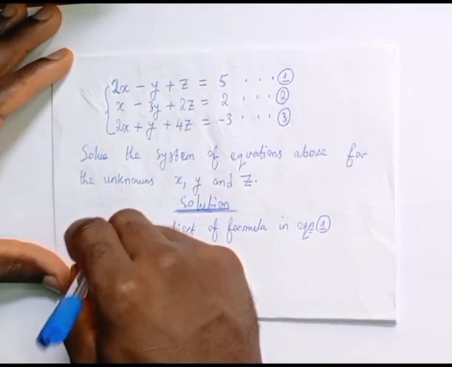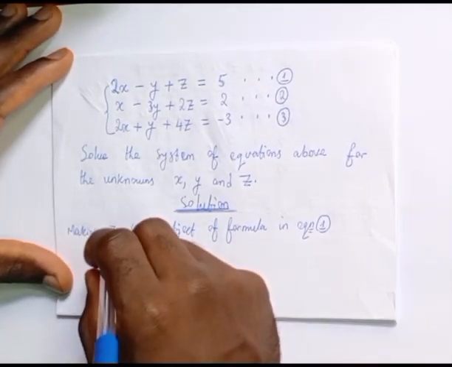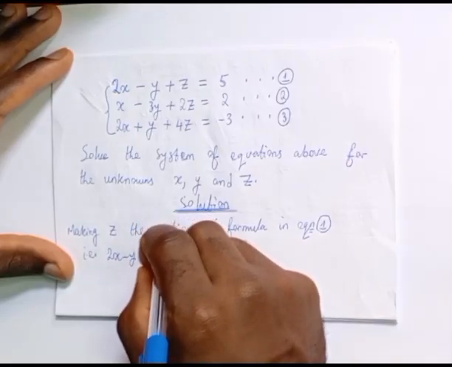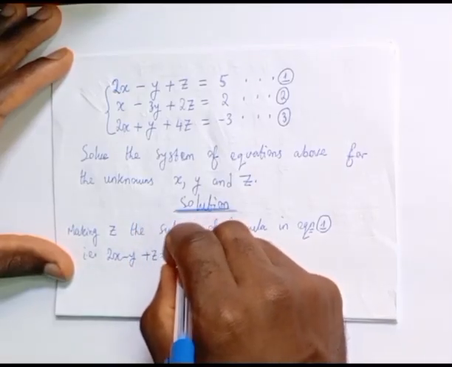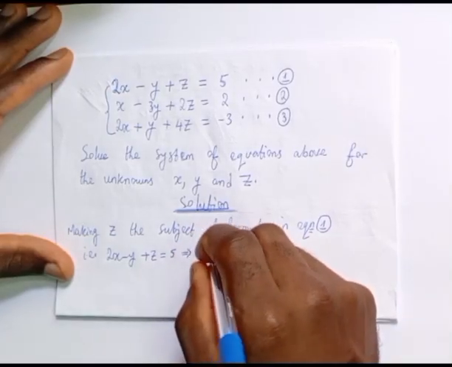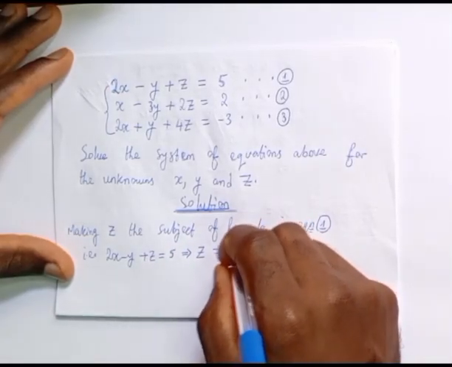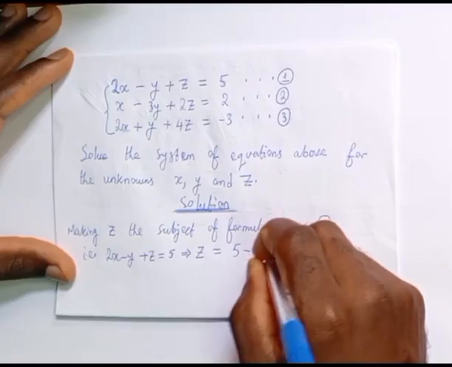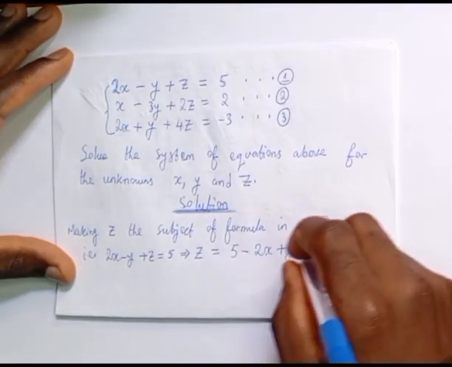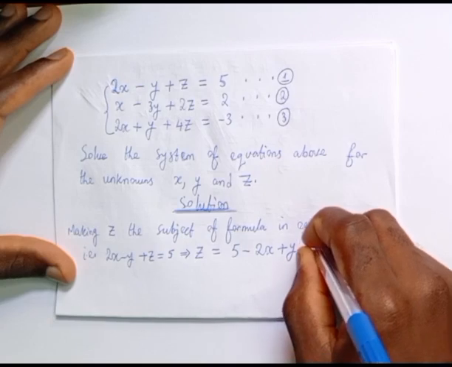That is, in equation 1, we have 2x minus y plus z is equal to 5. Then, keeping z alone at the left hand side, it will simply be equal to 5 minus 2x plus y. We are going to call this equation 4.